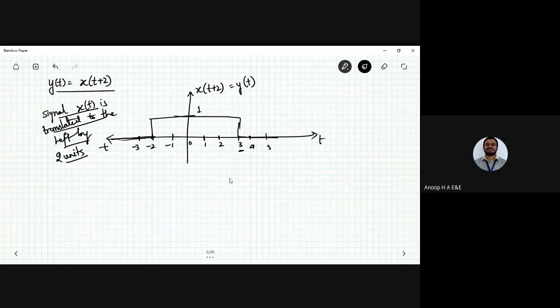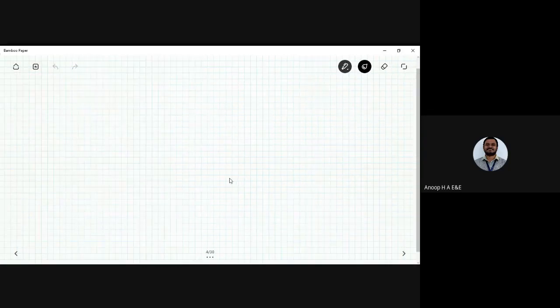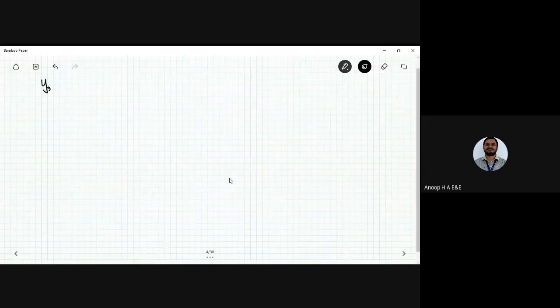So when a is less than 0, how would you write it with the same signal? Let me write the previous one as y1 of t. Now you want to write y2 of t, which is x of t minus 2. What would happen there?